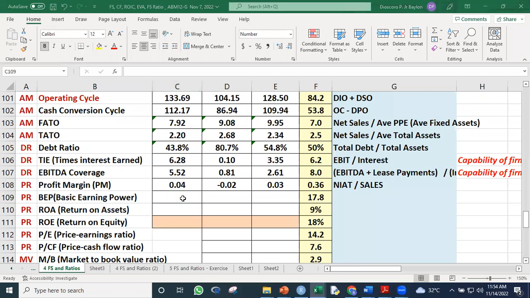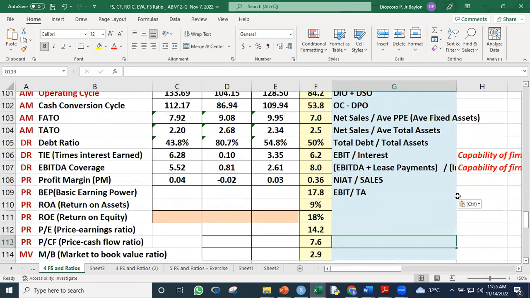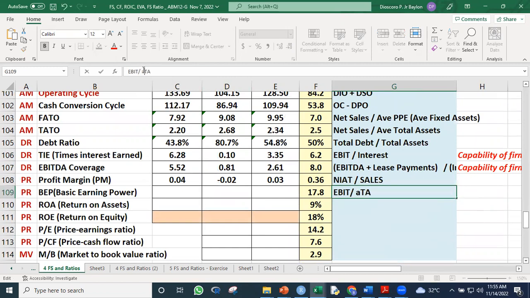Copying ko lang ito para hindi ko na isulat. Control C. That's correct. So it's our EBIT divided by total assets. And as I said, pwede natin ma-relate dito yan. And we're going to use also average total assets.